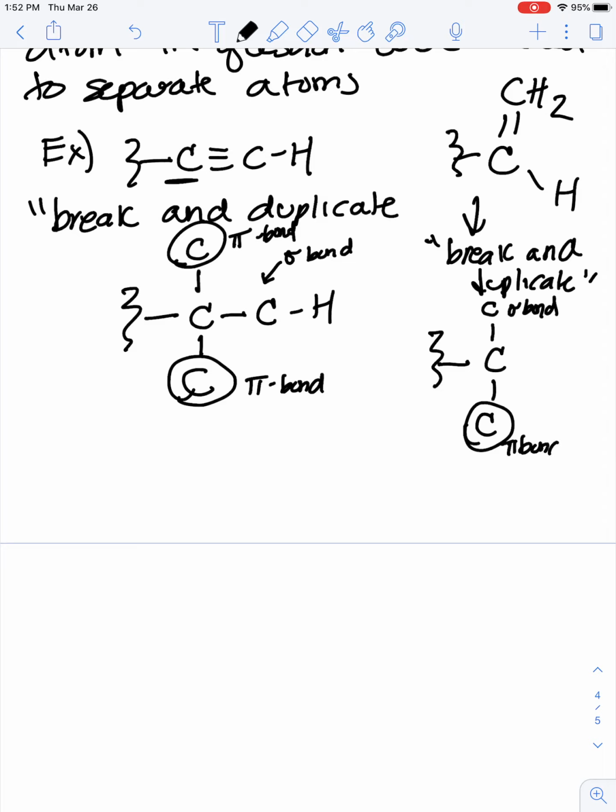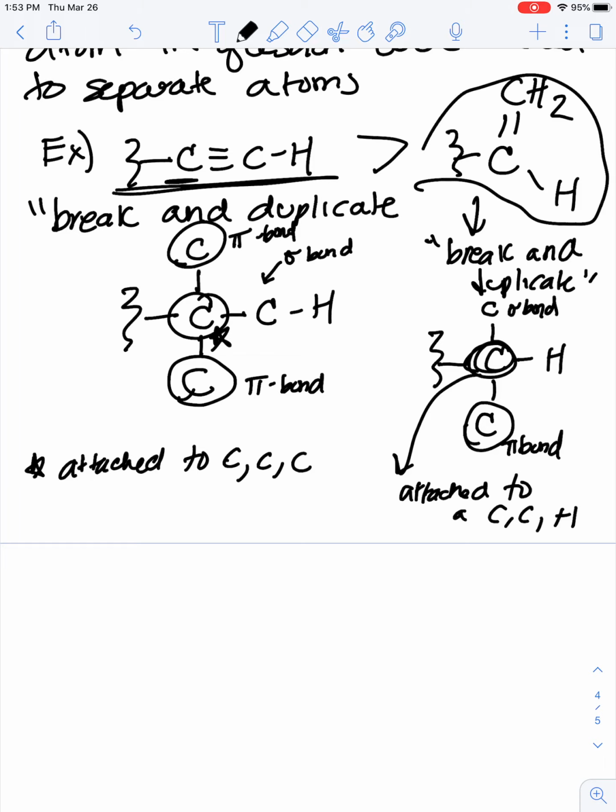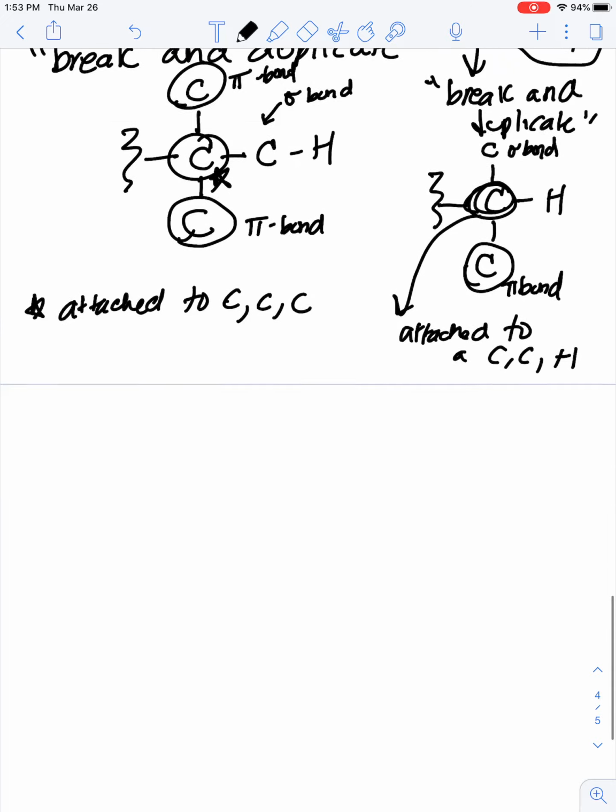So this is coming from the pi bond. And then we have a hydrogen. So this carbon here is attached to a carbon, where this carbon here is attached to a carbon, hydrogen. So this compound here would take higher priority when compared to this compound.